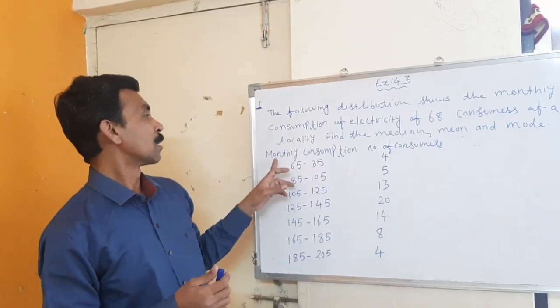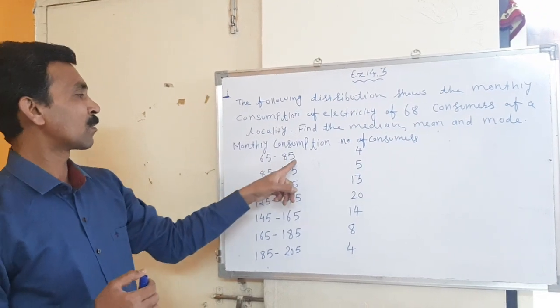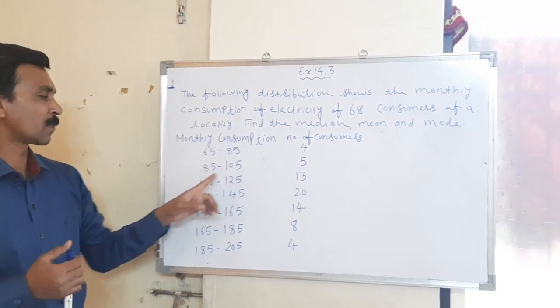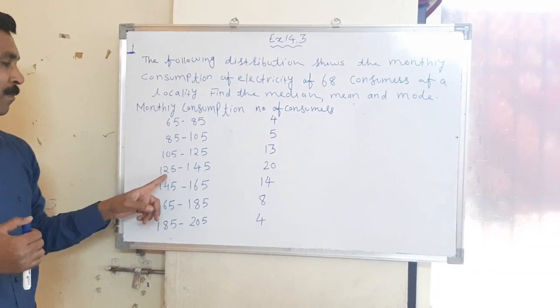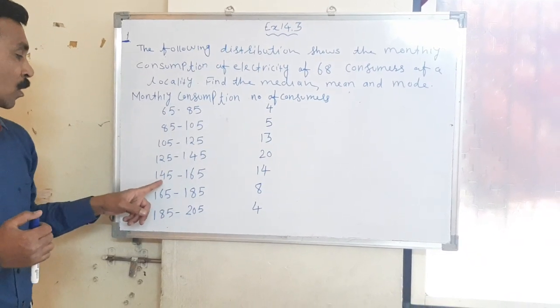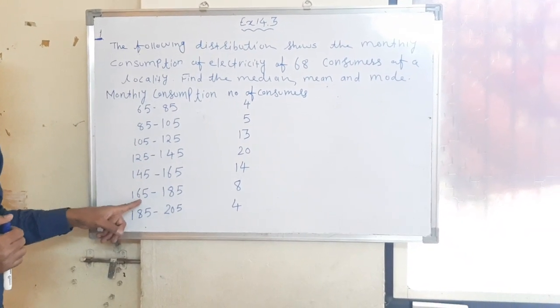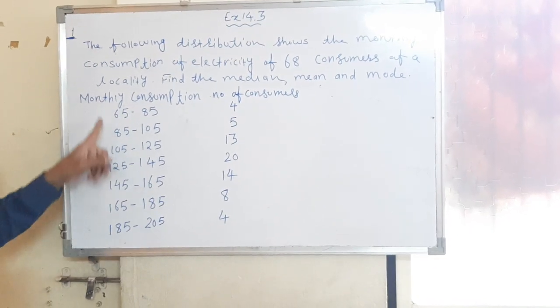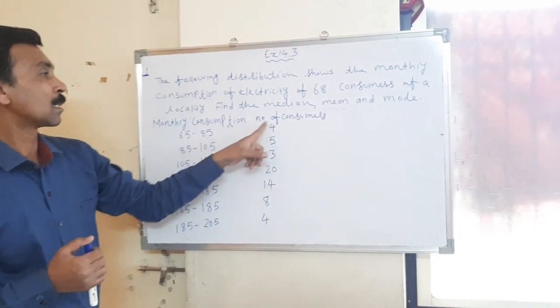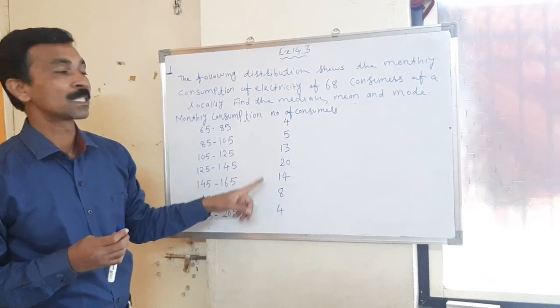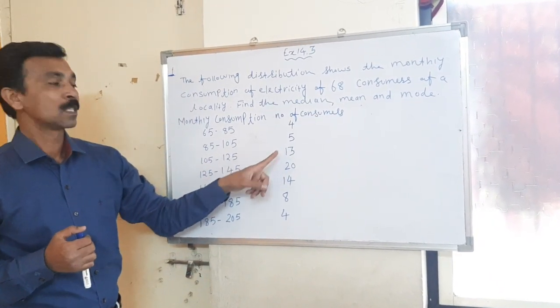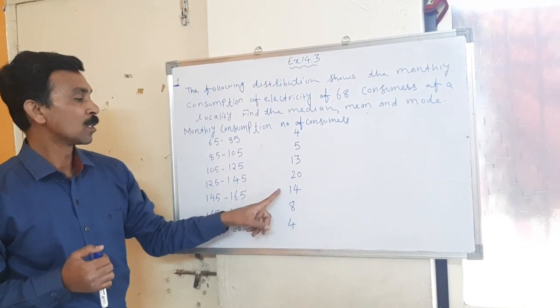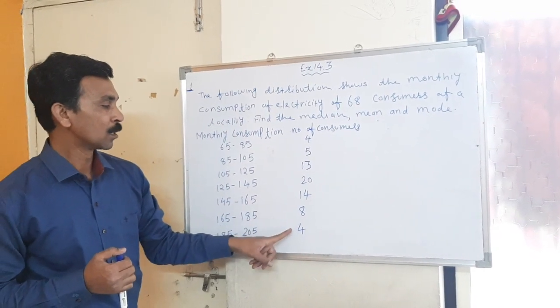Now, monthly consumption: 65 to 85, 85 to 105, 105 to 125, 125 to 145, 145 to 165, 165 to 185, 185 to 205. These are class intervals. And the number of consumers means frequencies: 4, 5, 13, 20, 14, 8, 4.